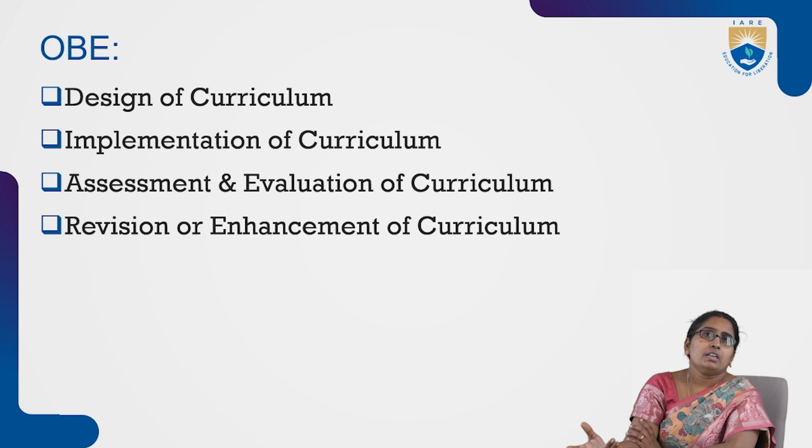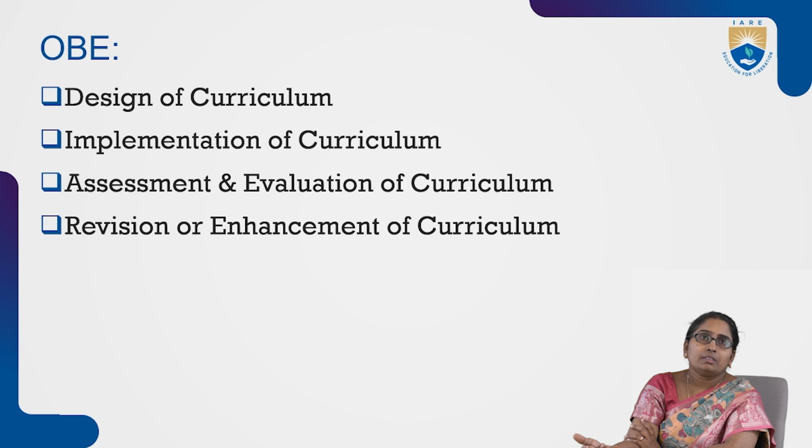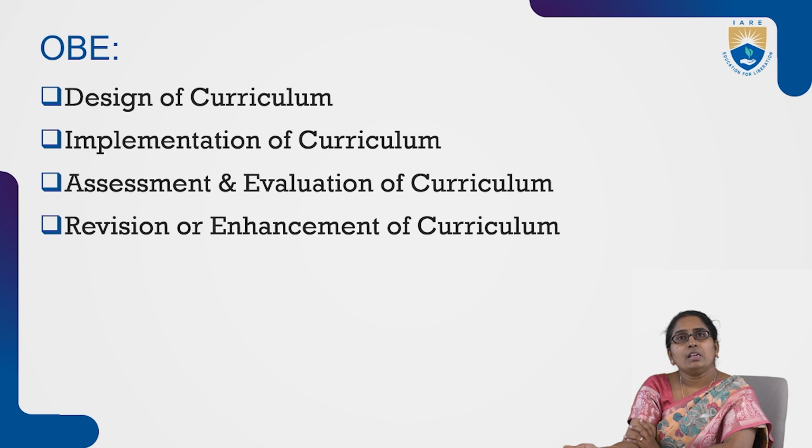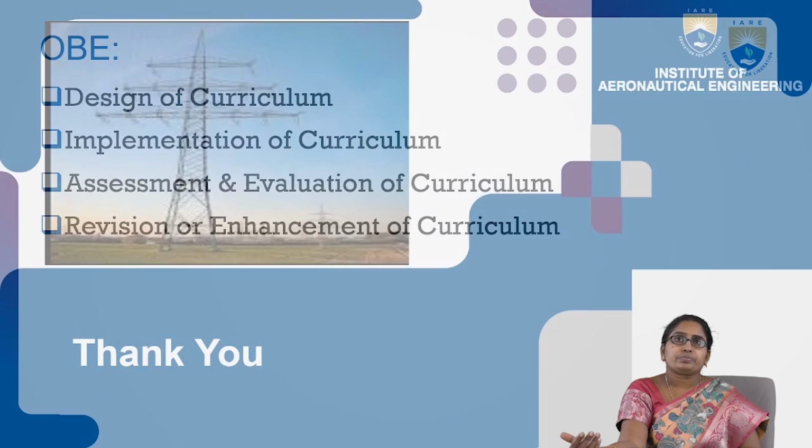The second level is implementation of that curriculum, and third is assessment and evaluation of the curriculum. We have just seen how the assessment is done. The fourth level is revision or enhancement of the curriculum. Again, there is an enhancement or revision of the curriculum. This is all OBE includes.